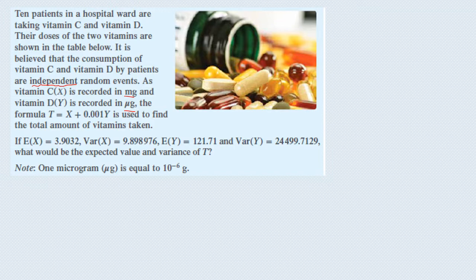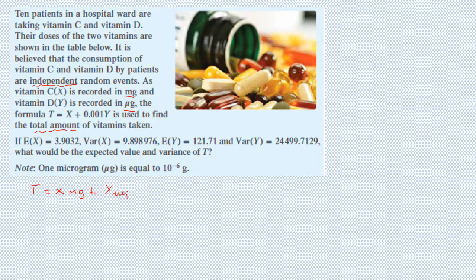So when they need to figure out the total amount of vitamins taken, T, we do need to add together X and Y, but we need them to be in the same units. So what we have currently is that we're trying to add together X milligrams plus Y micrograms.